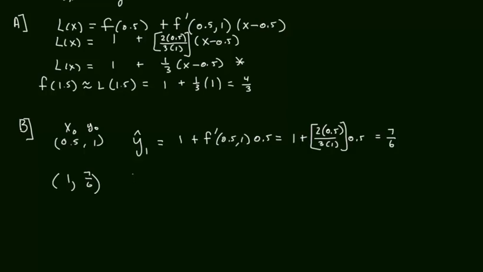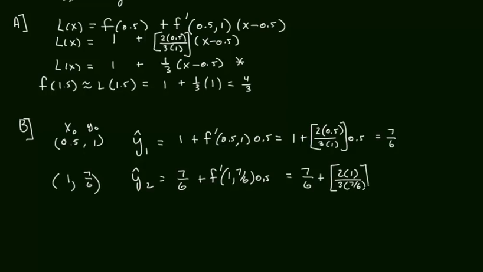And our y hat 2 is the 7/6 plus f prime at 1, 7/6. Kind of a tongue twister, which is going to be the 7/6 plus 2 times the 1 over 3 times the 7/6, change in x of 0.5.